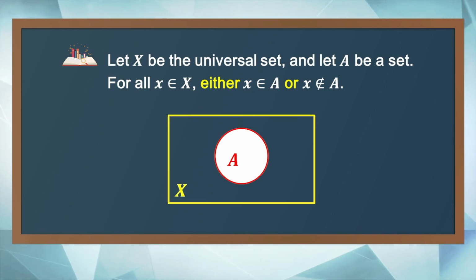This is the universal set, and this is set A. For each element, either x belongs to set A or x does not belong to set A, excluding the middle. In classical set theory, it must be either this or that.